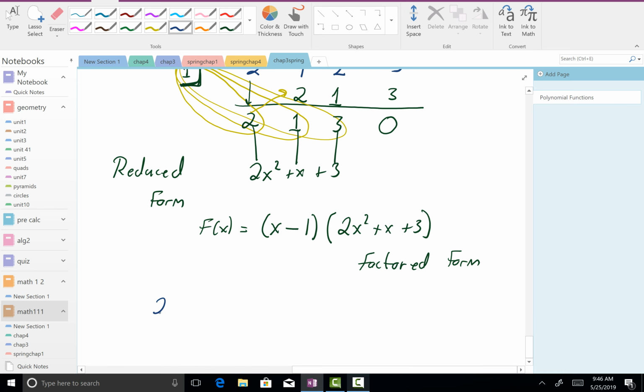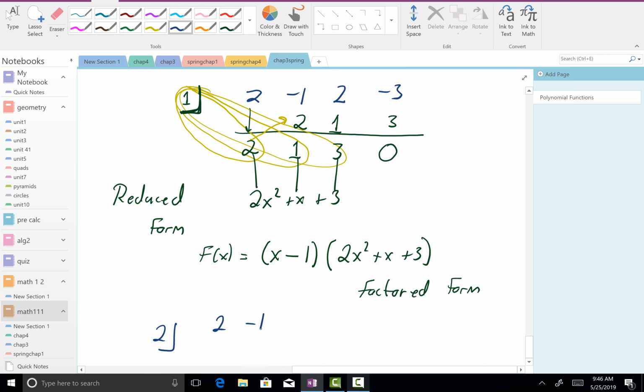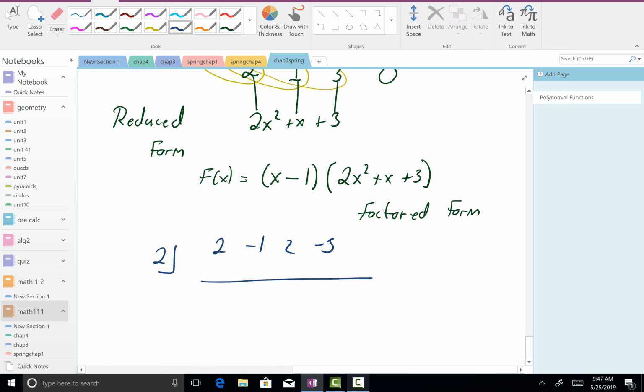Drop this 2 down. 2 times 2 gives me 4. 4 and 1 gives me 3. 2 times 3 gives me 6. Put that there. Now I get 8. 2 times 8 is 16. Now I get a 13.